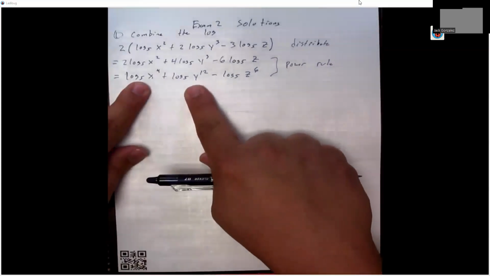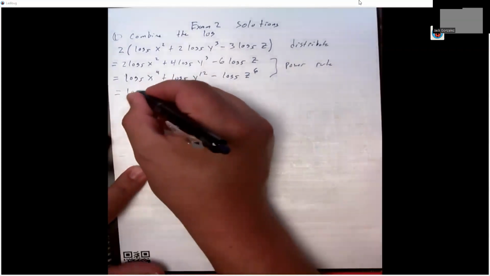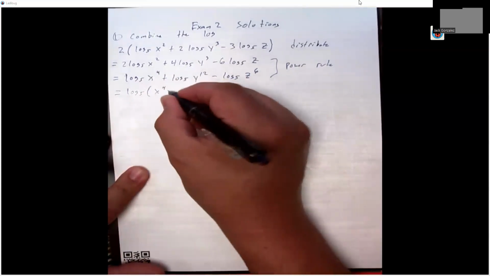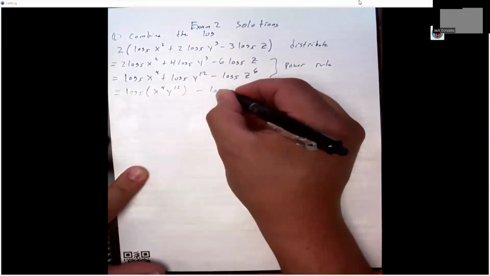Now combine these into a sum, the product. If you have a plus, that means you multiply. So you get log 5 of x to the 4th y to the 12th minus log 5 z.